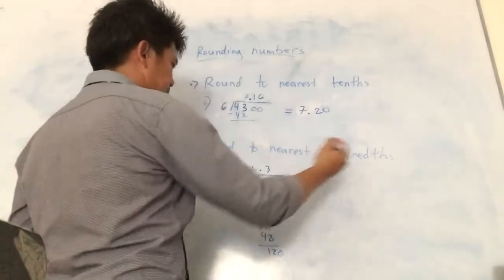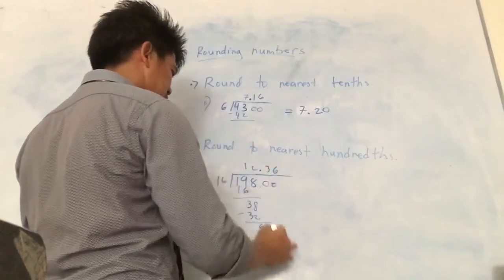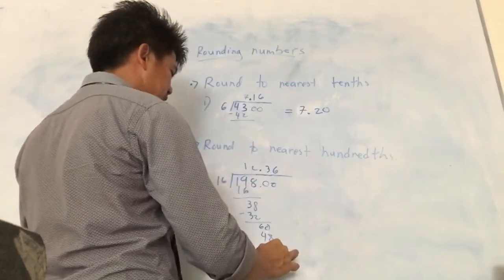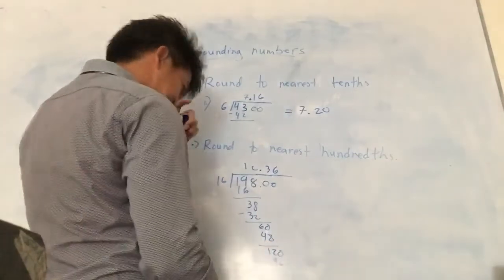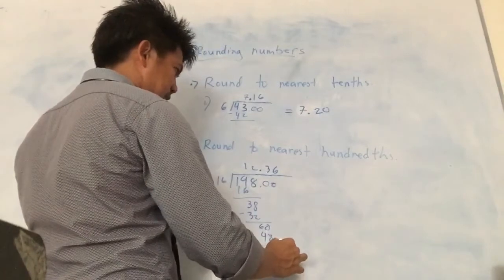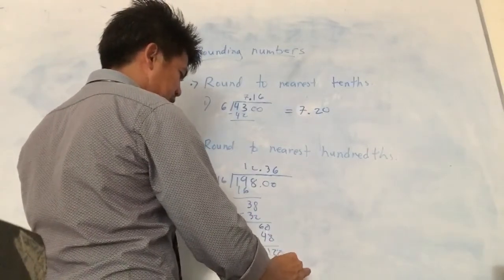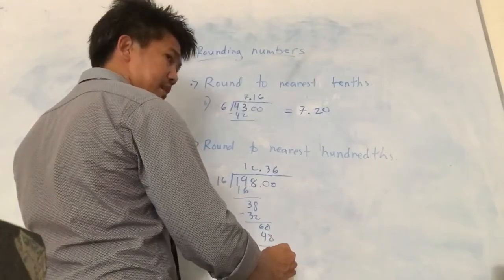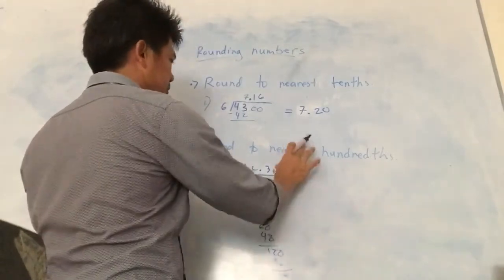Then this is 6, right? 6 times 6 is 36. 3, 6, 96. Let's see. 11 minus 9 is 24. Oh, bigger.